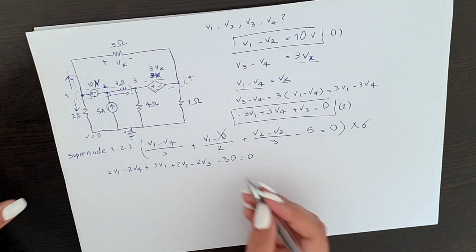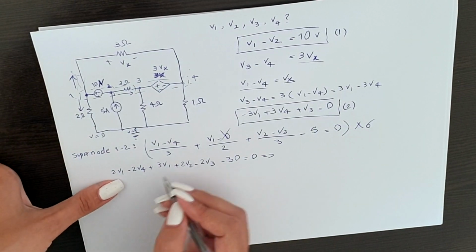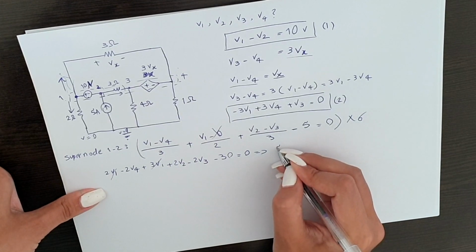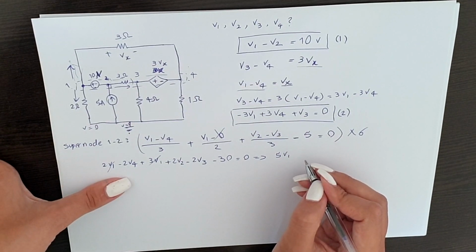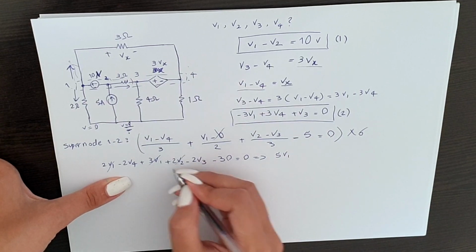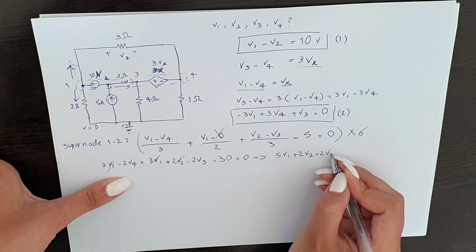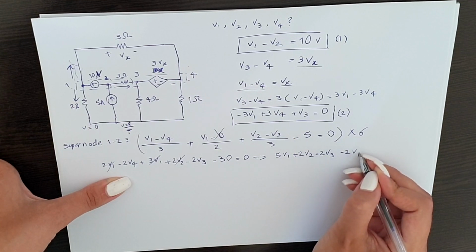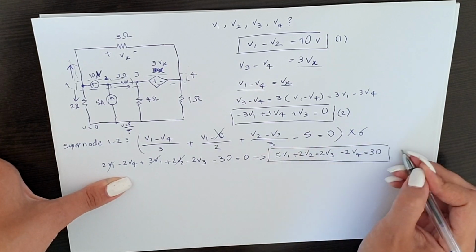If we take 30 to one side and then sum this up, it's gonna give us 5V1 plus 2V2 minus 2V3 minus 2V4 is equal to 30. Our third equation.